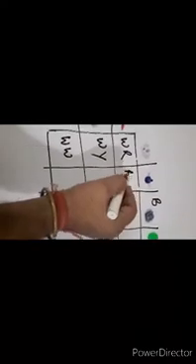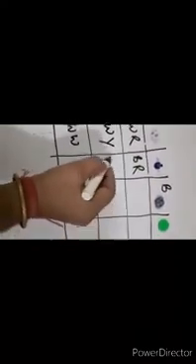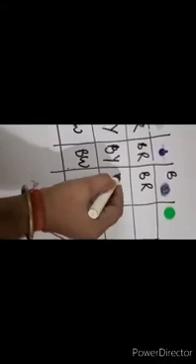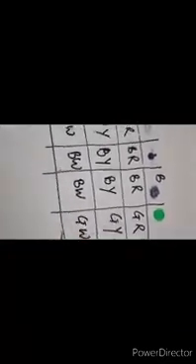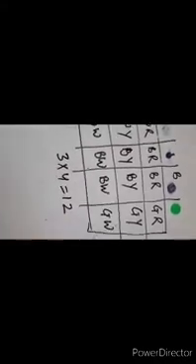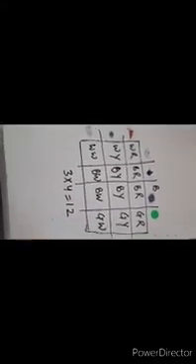Here blue red, blue yellow, blue white, again blue red, blue yellow, blue white, green red, green yellow, green white. So total 3 into 4, total possible outcomes are 12.